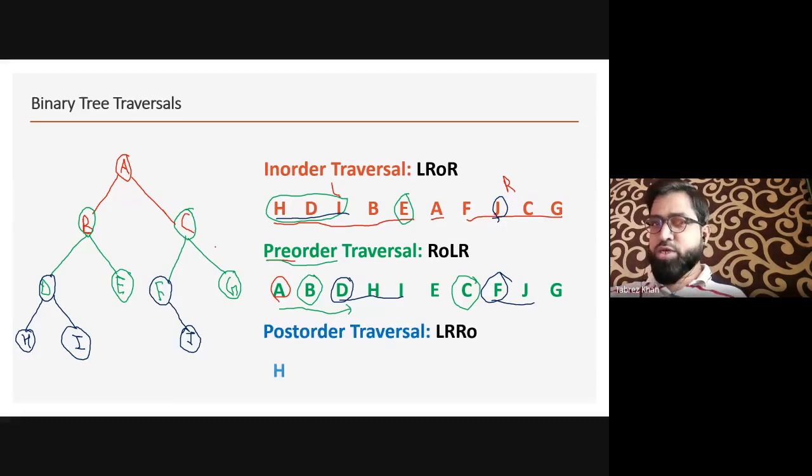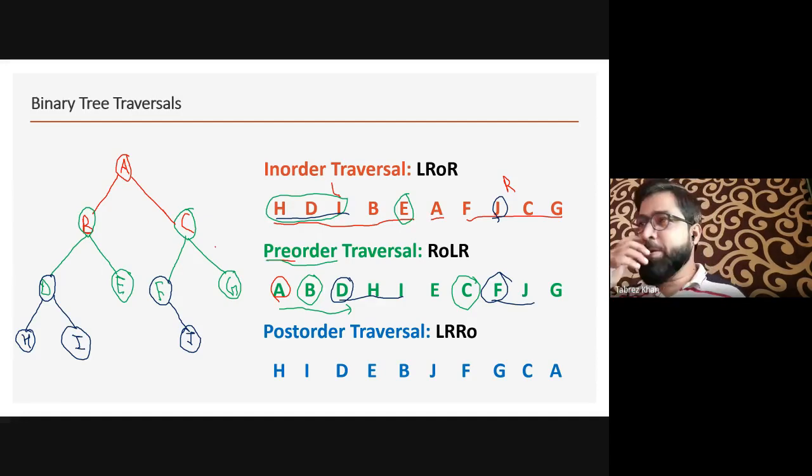For example, as we can see into this, A is coming at the end, so A is the root node, and H is coming first, so obviously H is the leaf node. Okay, and again we can go back to in-order and we can see which nodes are coming on the left subtree of the given root node, which nodes are coming on the right subtree of the given root.